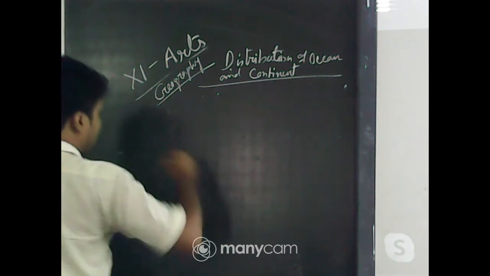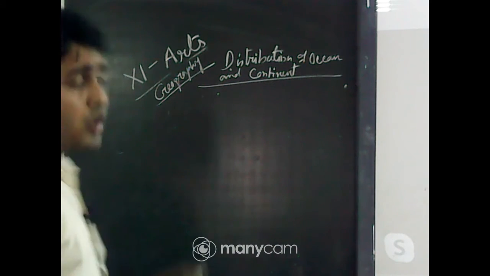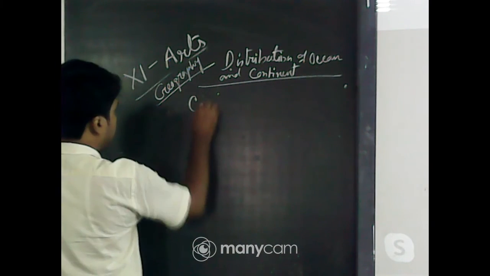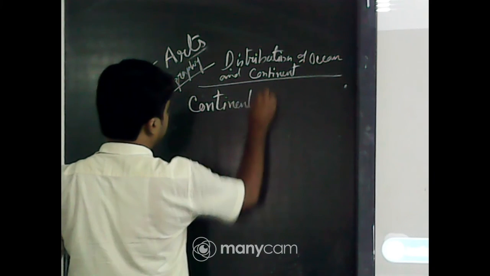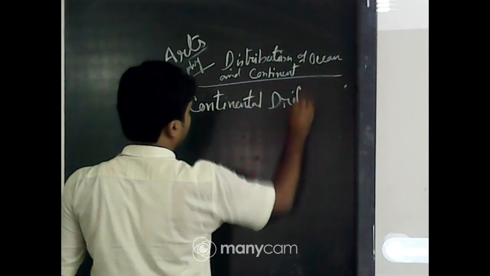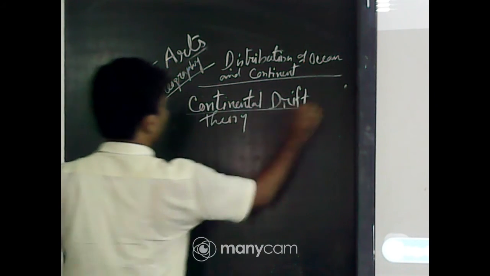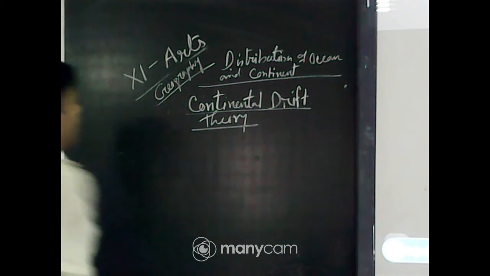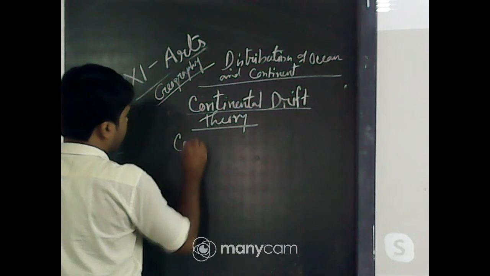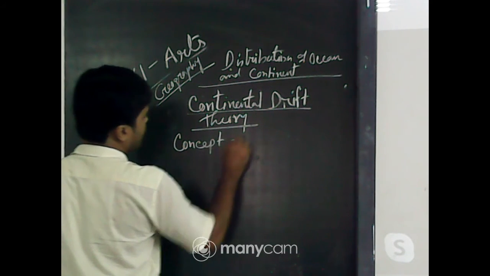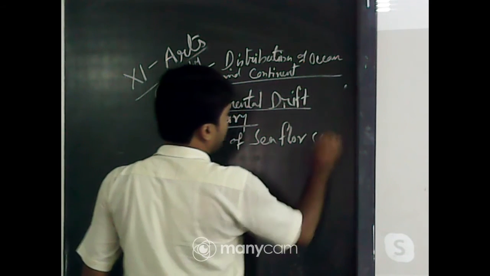Now, the concept of seafloor spreading. Today we will discuss another topic. First, I have already discussed one theory, the continental drift theory. You have read that. Continental drift theory you have read, and now another one is the concept of seafloor spreading.